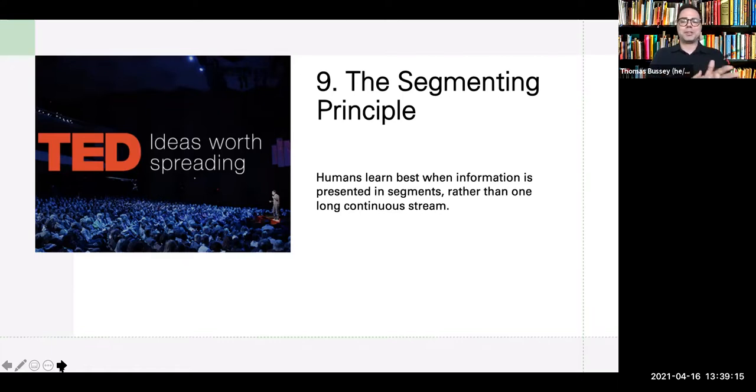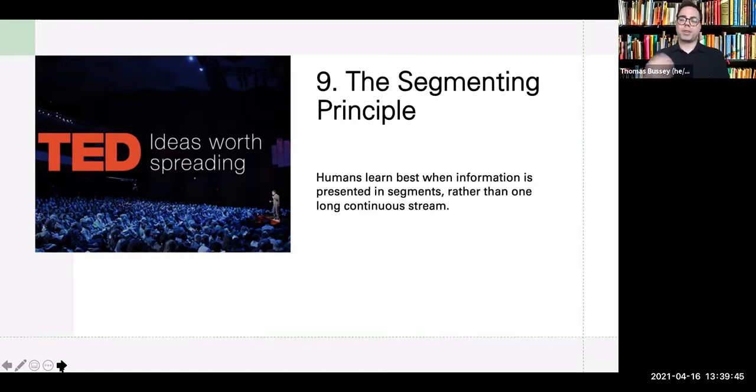Segmentation means that learners are going to process smaller chunks of information more efficiently than long, continuous streams of information. Again, think about what this would look like in a classroom setting. Instead of sitting through an hour and 20 minutes of a lecture, where I am essentially doing nothing else but that's just listening and maybe watching something that's happening, if we can take that time and divide it up into small chunks where the students are going to shift their attention about every 20 minutes or so, that's segmenting the information, right?